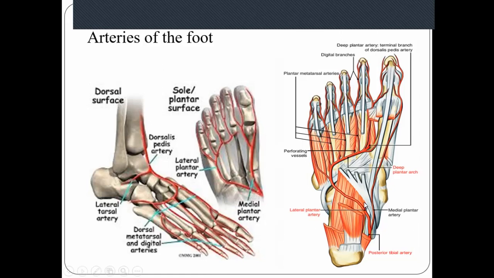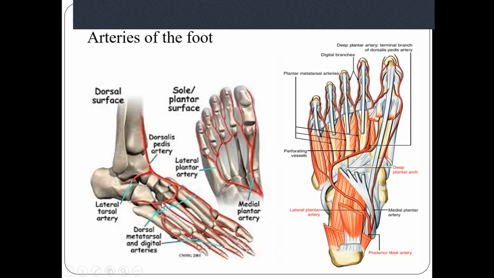So you can see the dorsalis pedis artery coming from here and goes there and disappears by passing downwards into the sole. And it gives rise to the plantar arch.